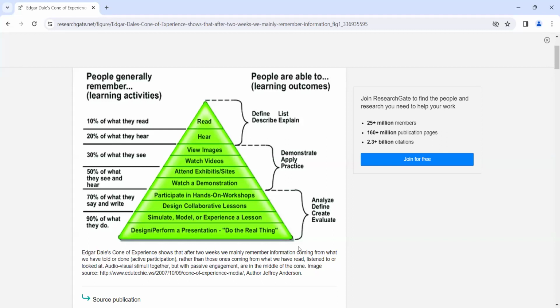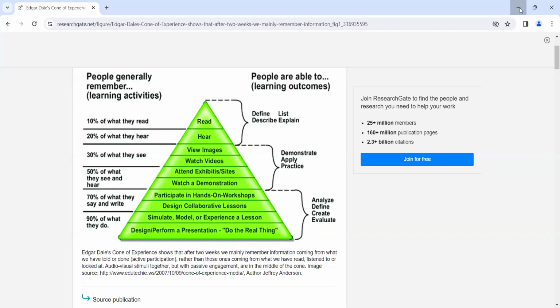Okay, now I get you to look at another one. Let me open. Jigsaw activity.